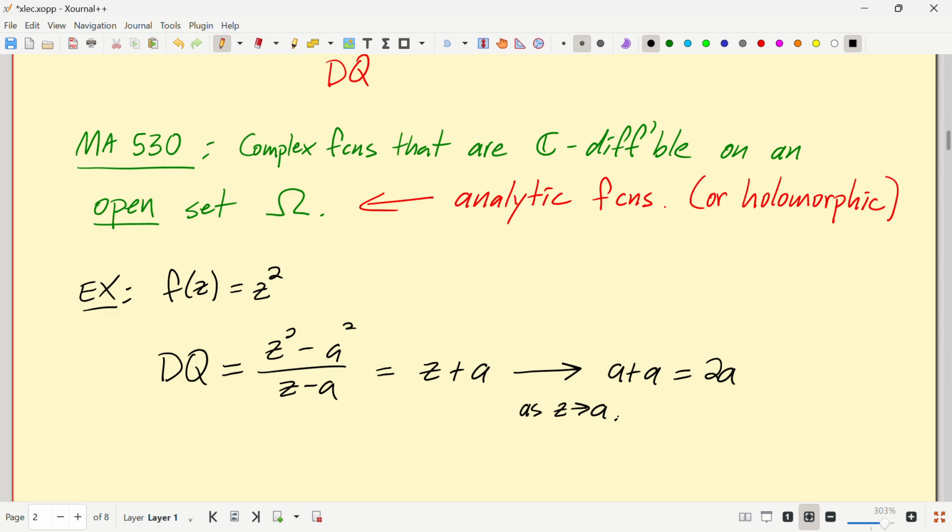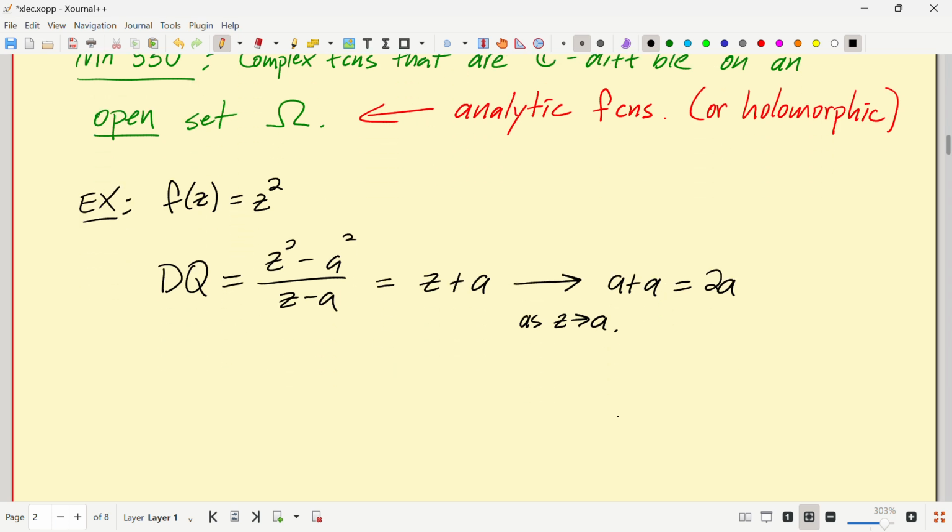So you think, oh, this is going to be a snap. Everything I write down is going to be complex differentiable if it has a formula. But the second example everybody shows you is that the function f of z equals z conjugate. Let's write z equals x plus iy.